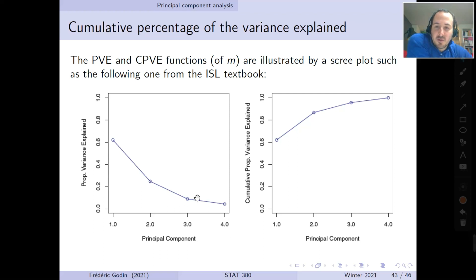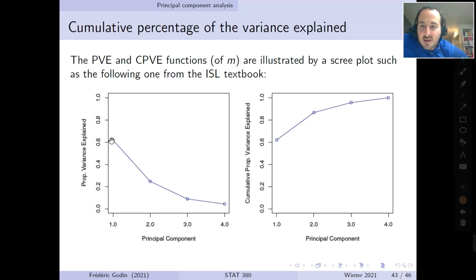So this is a typical pattern where the first principal component provides a high percentage of variance explained, and then this is decreasing for each new principal component, because as we said, every time we select a new basis vector, we want to maximize its percentage of variance explained. We can show that every time we add a new basis vector, it maximizes the percentage of variance explained.